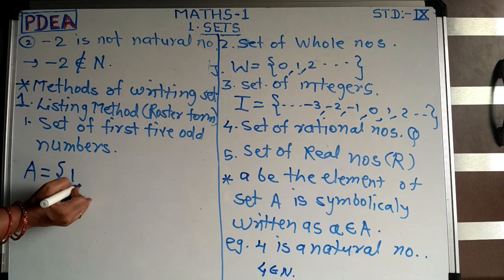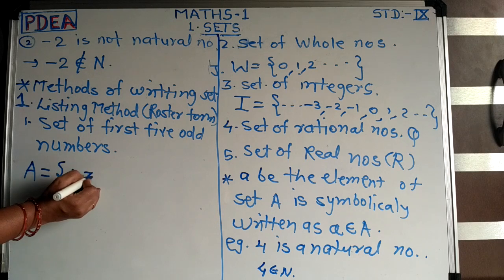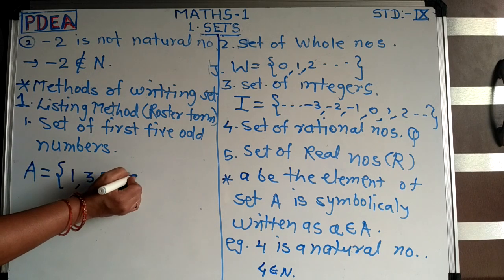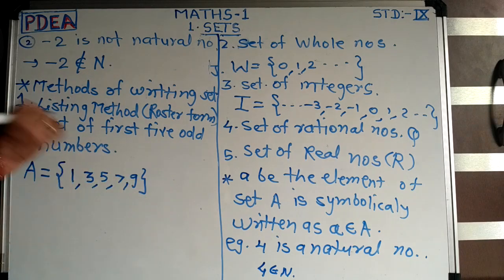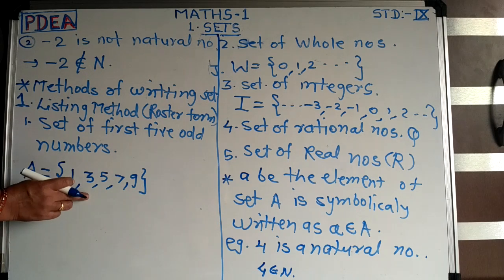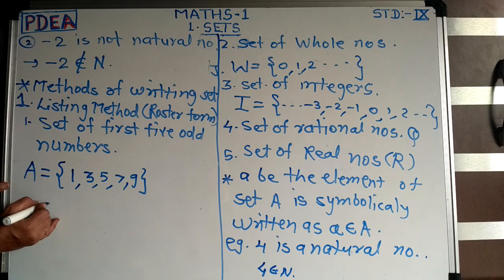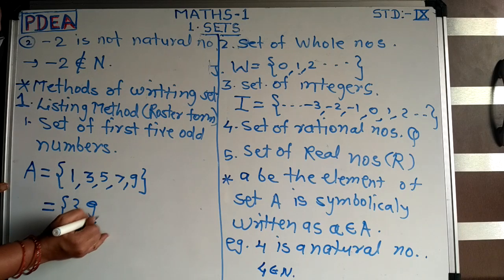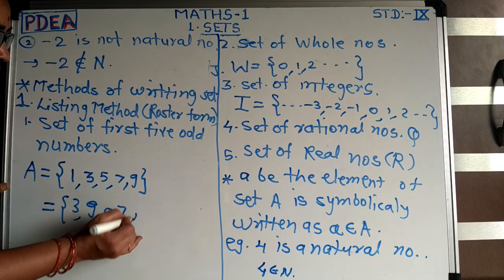First 5 odd numbers are 1, 3, 5, 7, 9. Each element is separated by commas, and it can also be written as 3, 9, 5, 7, 1.